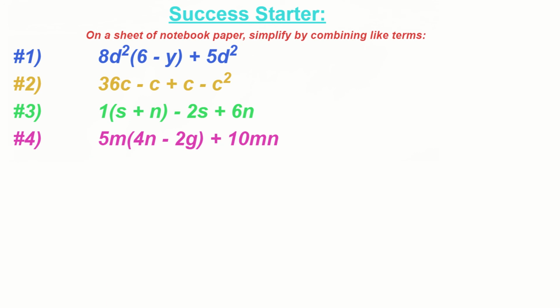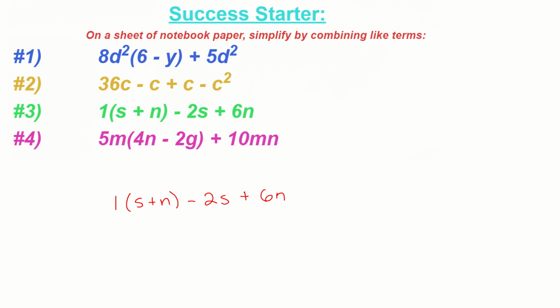The third one. All right, so we have 1 times, and in parentheses, s plus n, and then outside the parentheses, minus 2s plus 6n. All right, so let's go ahead, and you may be saying, wait, 1 out there. What do I do? All right, so this is why I wanted to present this type of situation.